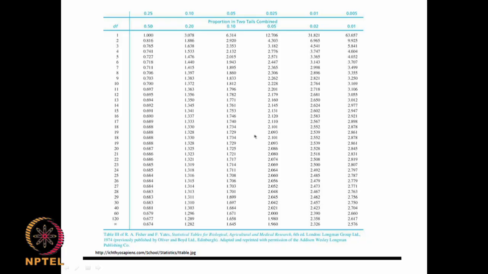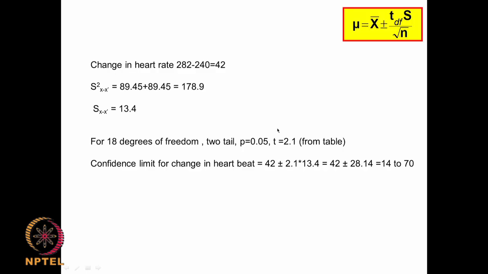So I read out 2.101. I take 2.1 and 13.4 comes from here, and 42 is the change in heart rate. So the confidence limit for the change in heart rate at 95% confidence is 14 to 70. Do you understand the second part of the problem?